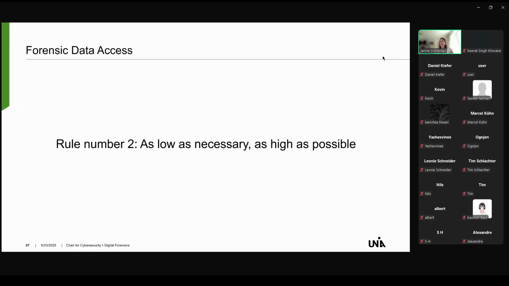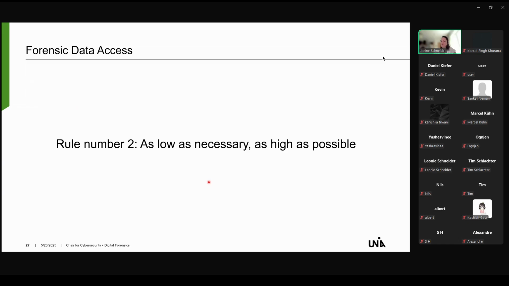Okay, and the second rule for forensic data access is that you want to access as low as necessary and as high as possible. That one refers to levels of abstraction.